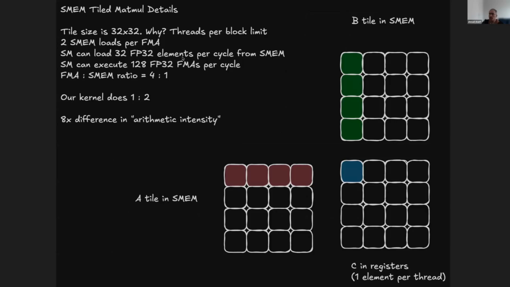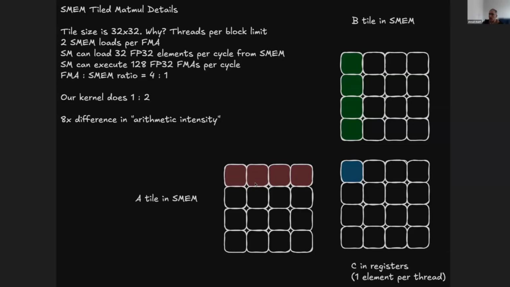Also, if you compute the FMA to load ratio for the kernel, there's an 8x difference in arithmetic intensity compared to the naive kernel. The naive kernel was doing one load and then one FMA, so the ratio between arithmetic and loads was just 1 to 1, just 2 to 1.